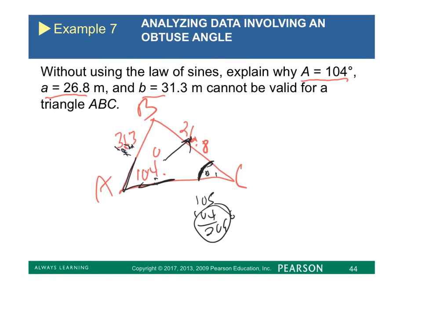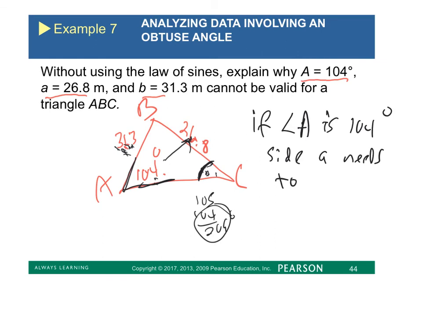So I'm just going to write, if angle A is 104 degrees, side A needs to be larger than side C.